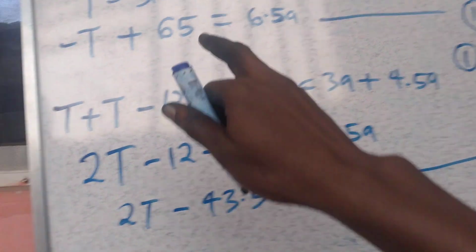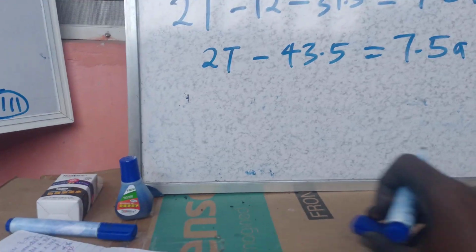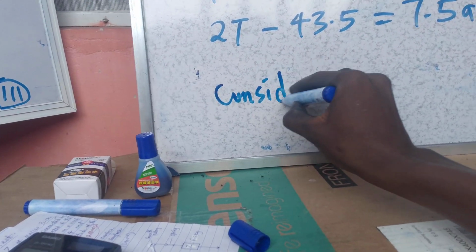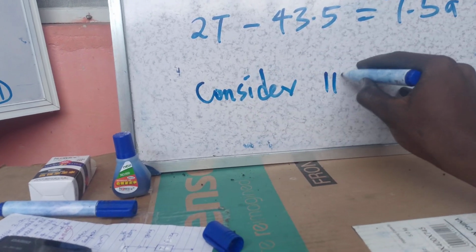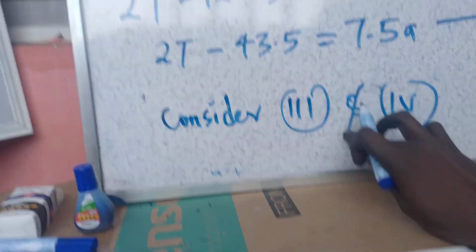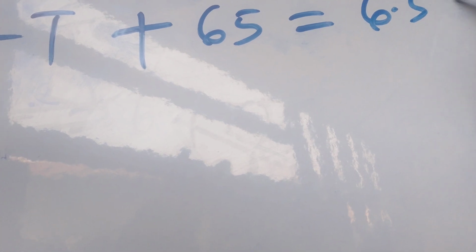Now I'll tackle equation 3 and equation 4. If I consider equation 3 and equation 4, I'll solve them simultaneously. Equation 3 is minus T plus 65 is equal to 6.5a.